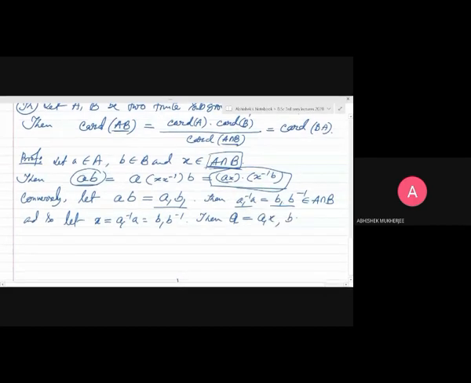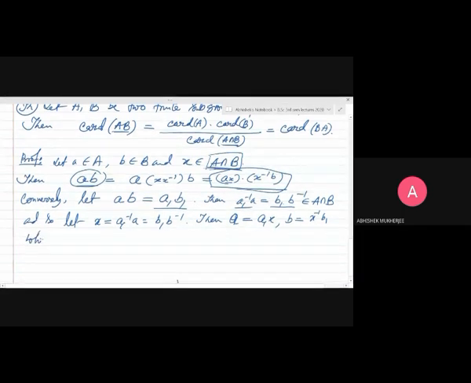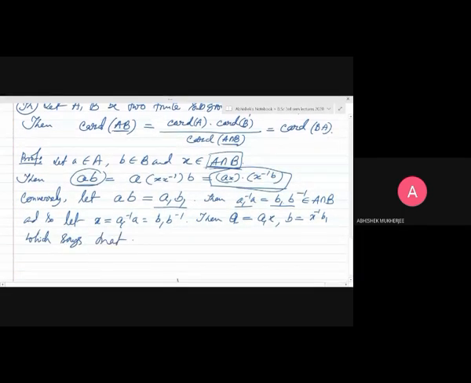And what is b? b is x inverse b1. So therefore ab is actually a1 x x inverse b1, so this is a1 b1.